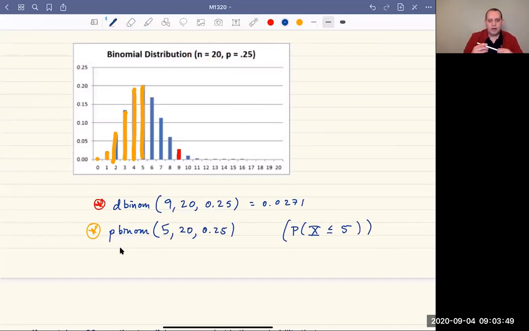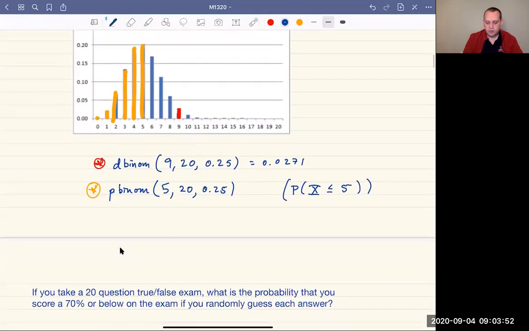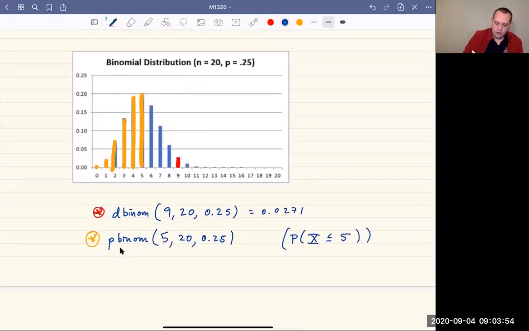On the other hand, let's do just one more example here. If I wanted to find the probability of having at least 5 successes, there's 2 ways that we could do it. Let me actually make this just slightly easier.